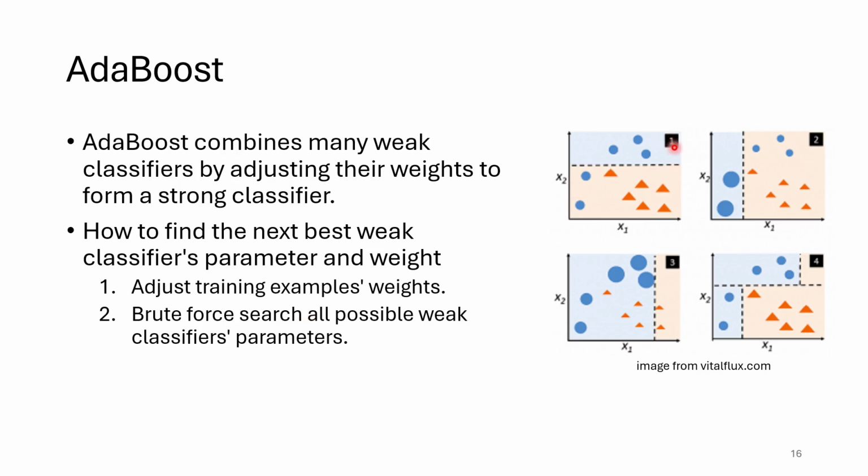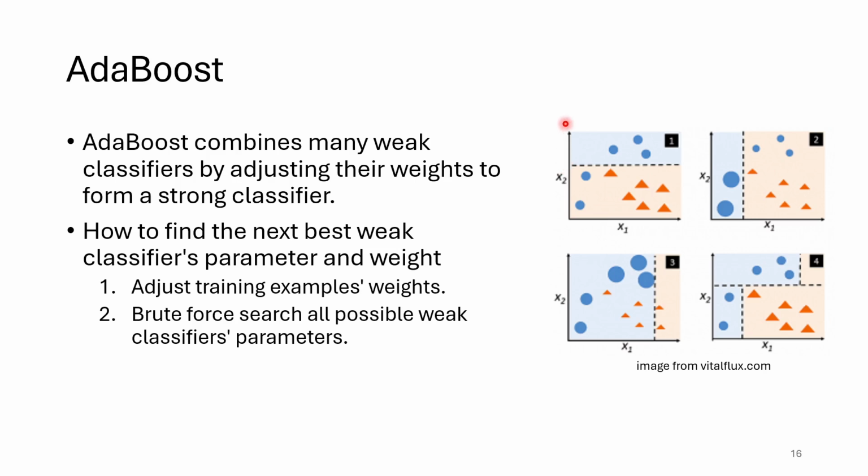This is an example of how to tune the weights. This is step 1. They search for all possible classifier candidates, and there will be a parameter for each candidate. If they can find the best parameter for the best candidate, then it will be set.